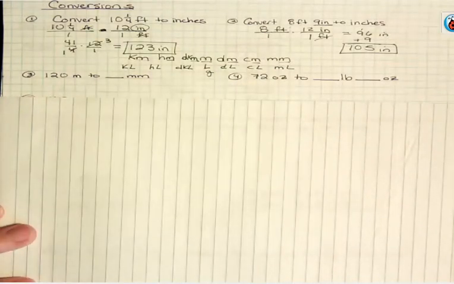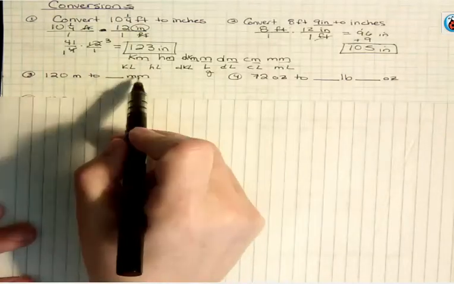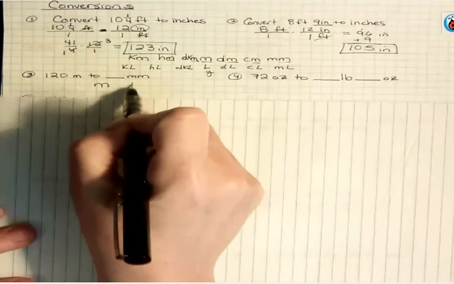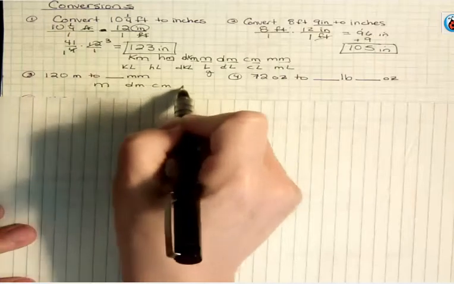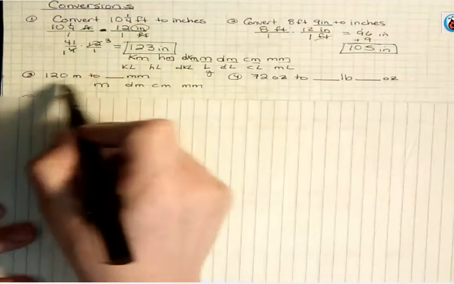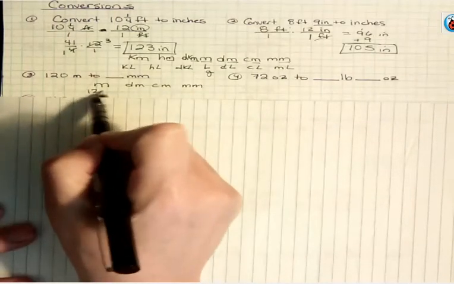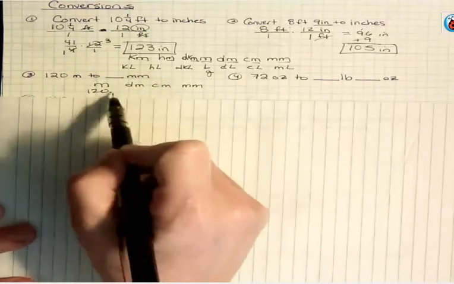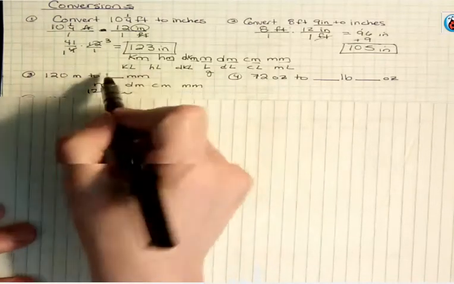So we have 120 meters and we want to change into millimeters. So for meters, we have decimeters, centimeters, and millimeters. So we're starting right here with 120 meters. Here's our decimal point, and to move 3 places to the right, we're going to move the decimal place 3 places to the right.